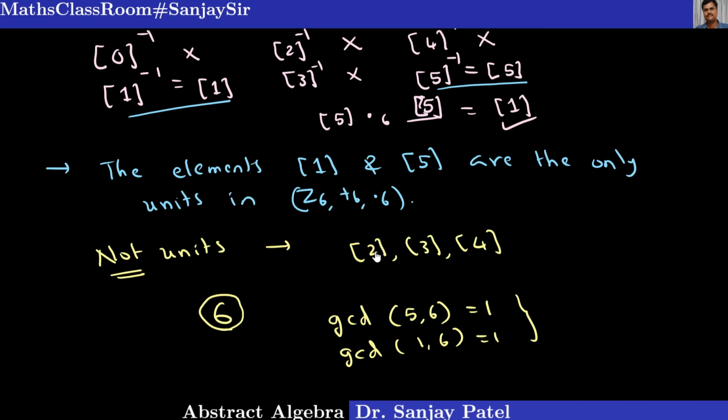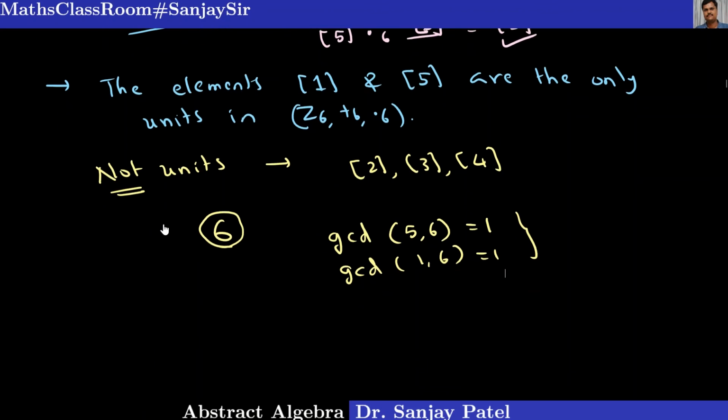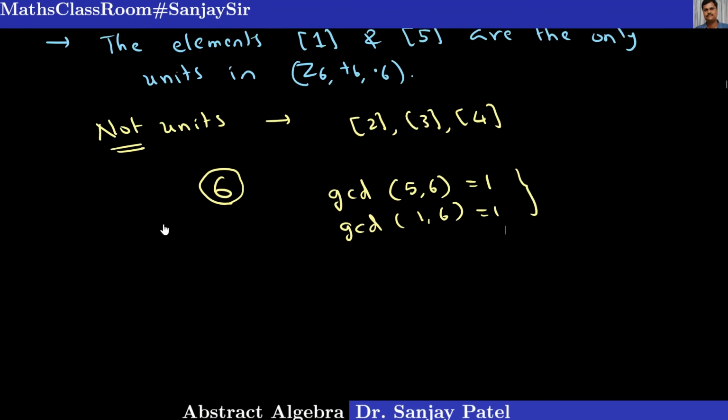There is a common factor 2 between 2 and 6. There is a common factor 3 between 3 and 6. And there is a common factor 2 between 6 and 4. So the GCD of 2, 3, 4 with 6 is not equal to 1. So this suggests one interesting result: an element in the ring Z6 is a unit if and only if it is relatively prime to the number 6.